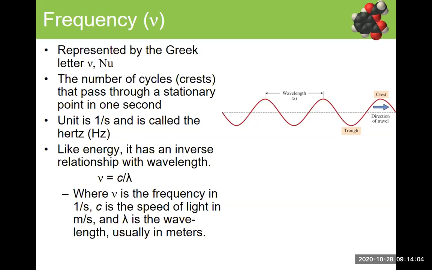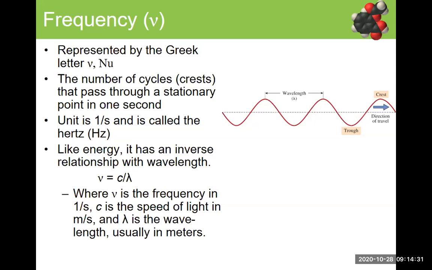Okay? And that can be a little tricky because most of the time when you talk about wavelengths, you don't say meters. You say nanometers or micrometers or something like that. But to make the equation work for our dimensional analysis, we would have to convert that wavelength into meters because of the units on our speed of light, which are meters per second.